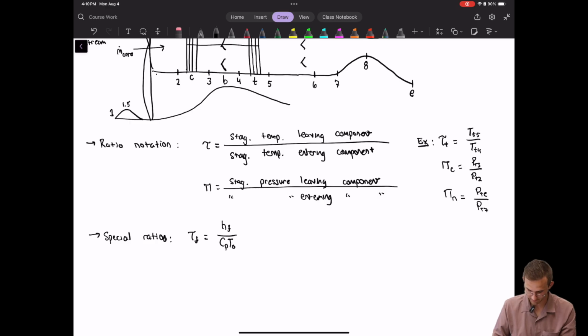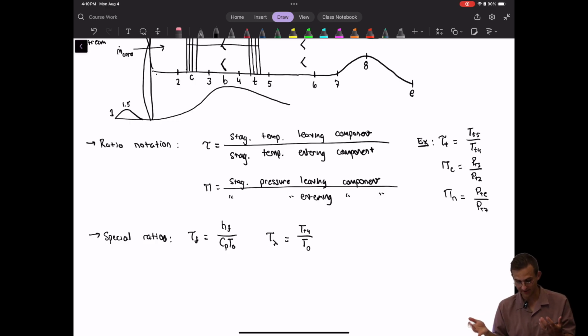It's just another way of writing the fuel enthalpy in a non-dimensionalized way. But we also have tau lambda, which is defined as TT4 over T naught. So it's basically just another, non-dimensionalized way of writing TT4.